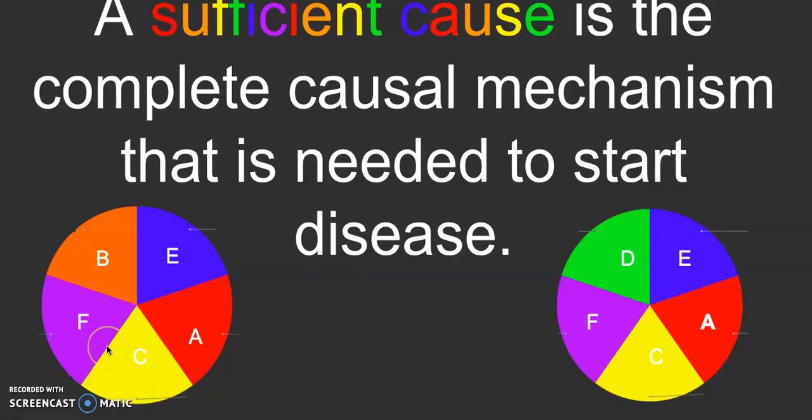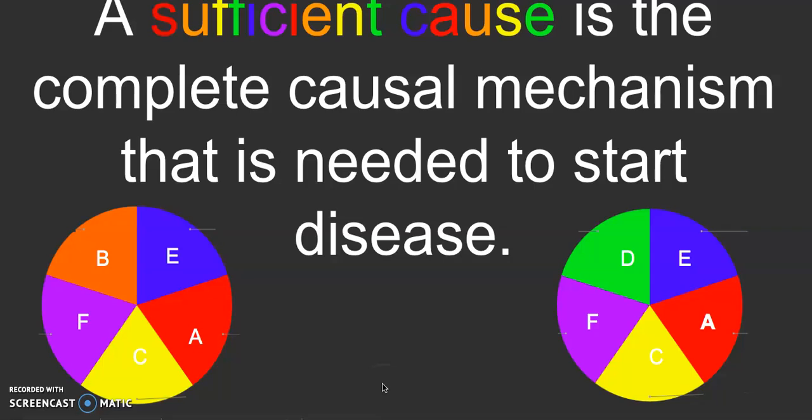So not all back fractures have something to do with a degenerative disc disease or with a fall or even with a concussion. So we can have multiple different ways. If these are all different component factors, they can combine in different ways to cause the same disease.